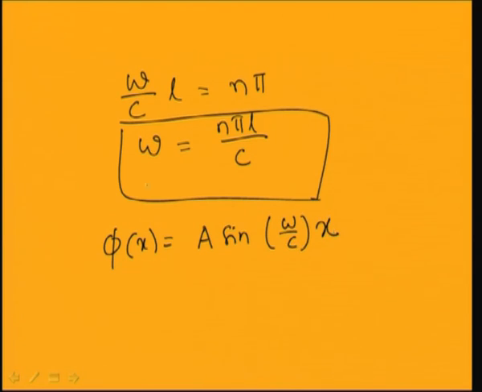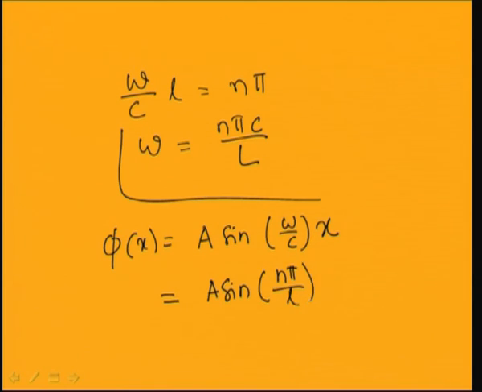Already I got the value of omega, omega equal to n pi c by L. If I substitute it in this equation, omega by c equals n pi by L, so this is a sin n pi by L into x.